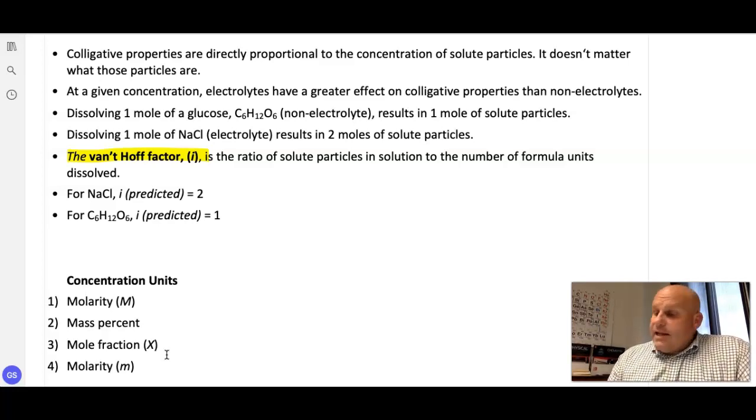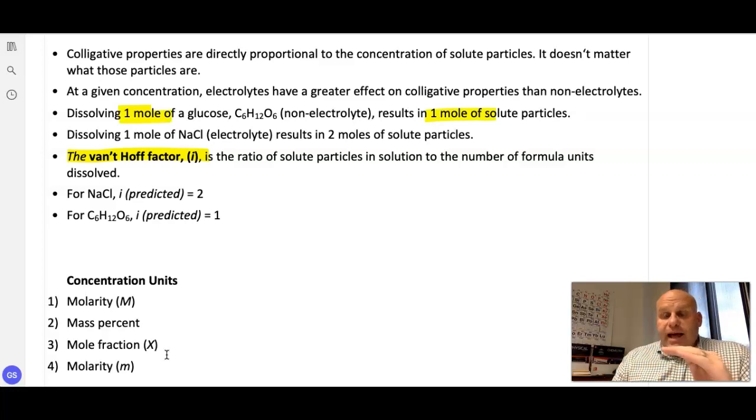This idea that when a molecule dissolves in solution, so if something like a sugar like glucose was the solute in our solution, well, for every 1 mole of glucose, I'm getting 1 mole of particles. All right, so that is not going to separate out into other parts.